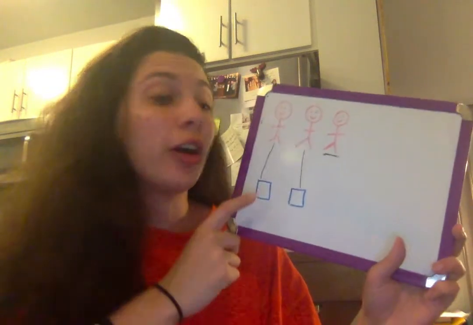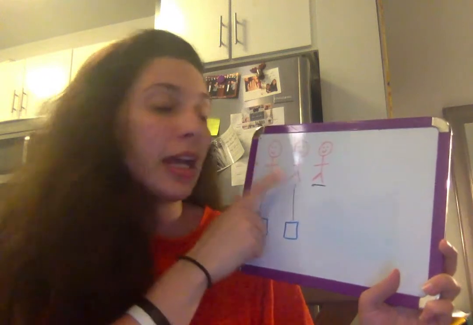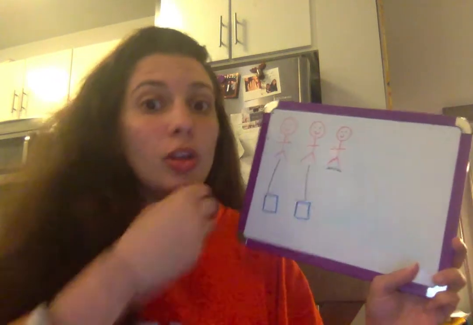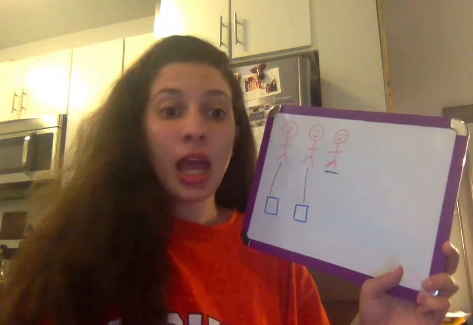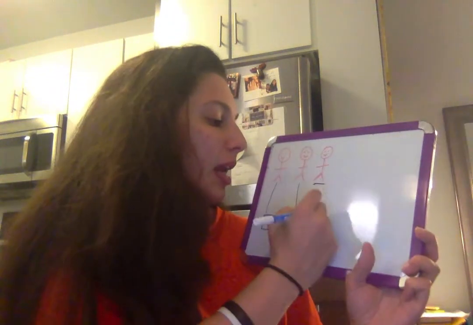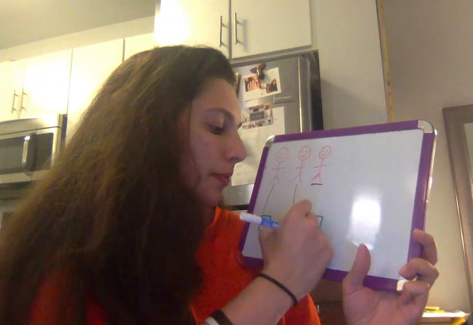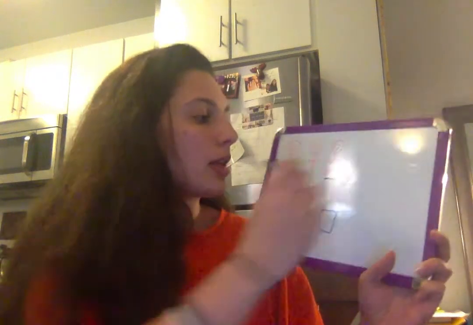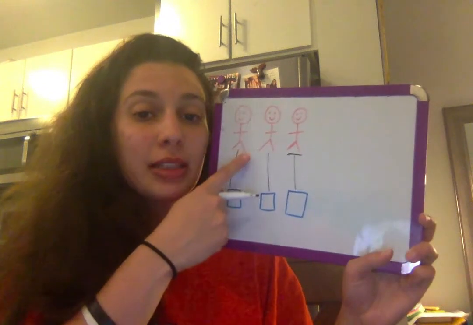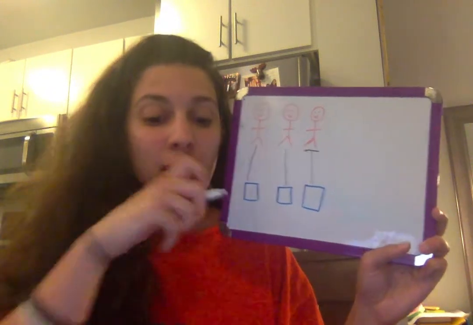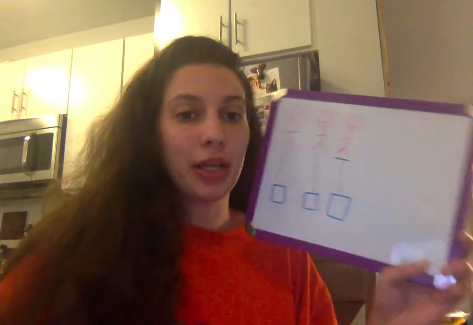So there are fewer boxes than there are friends. So what do I need to do? I need to add another box. So I add another box, and then if I connect them, you see now I have the same number of friends as boxes. So there's enough for everyone.